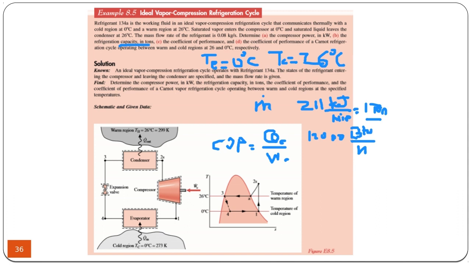Then the coefficient of performance for a Carnot refrigeration system. For a Carnot refrigeration system, remember that it assumes that there are no irreversibilities, so you should expect a higher COP for a Carnot than the actual system. So Carnot refrigeration is a reversible system, then it should be greater than the COP of the actual system that we calculate from here.